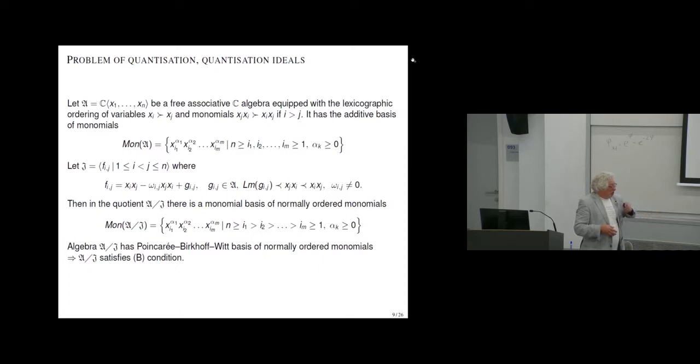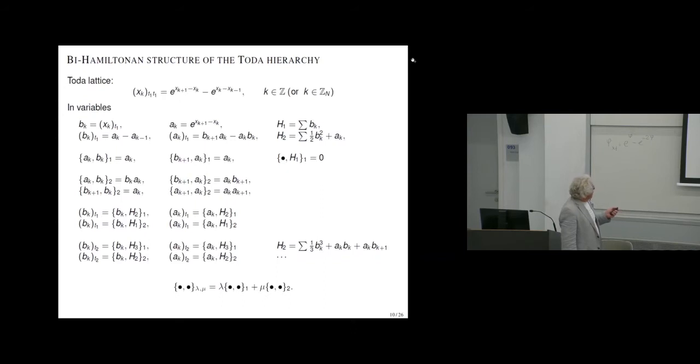We have a well-defined ideal which enables us to swap any two letters, and in this case our algebra will have a normally ordered basis. There is a mathematician, Levandovsky, who works in Kaiserslautern; his thesis was about this kind of ideals and this kind of algebras, which were studied quite well.